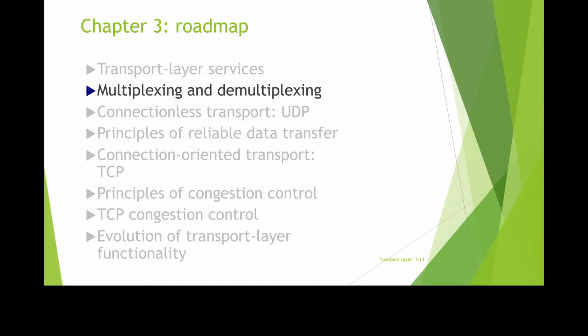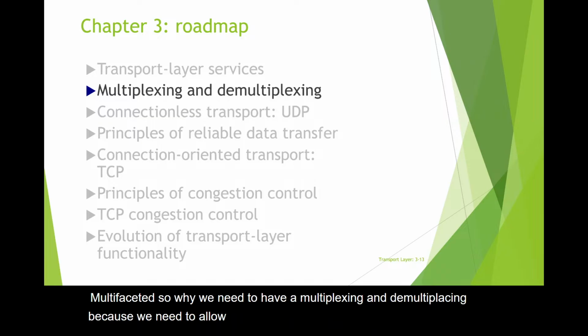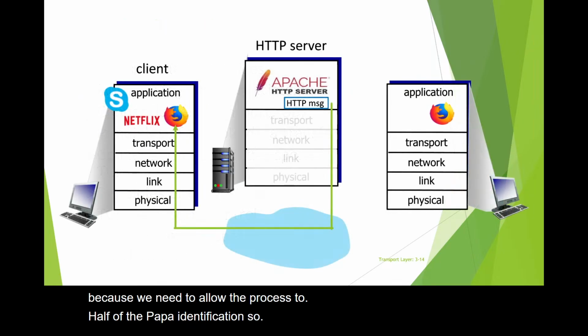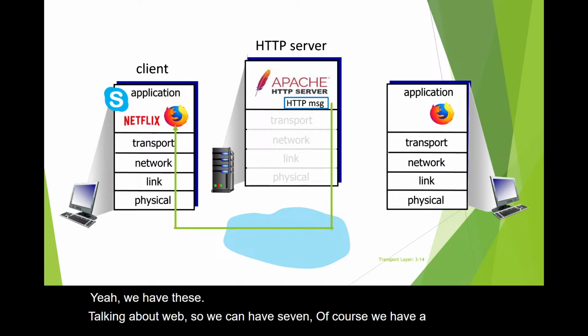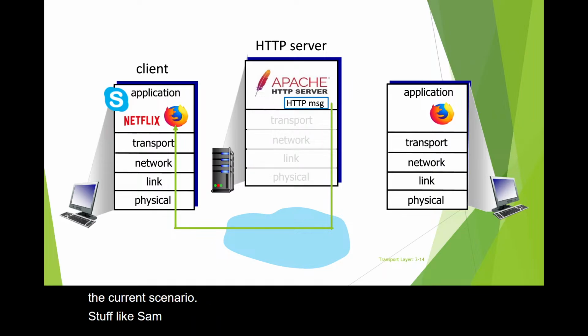Multiplexing and demultiplexing. Why do we need multiplexing and demultiplexing? Because we need to allow the process to have proper identification. Talking about the web, we can have a server and of course a client, like the current scenario. For example, the client may use Netflix, which is multimedia over HTTP.